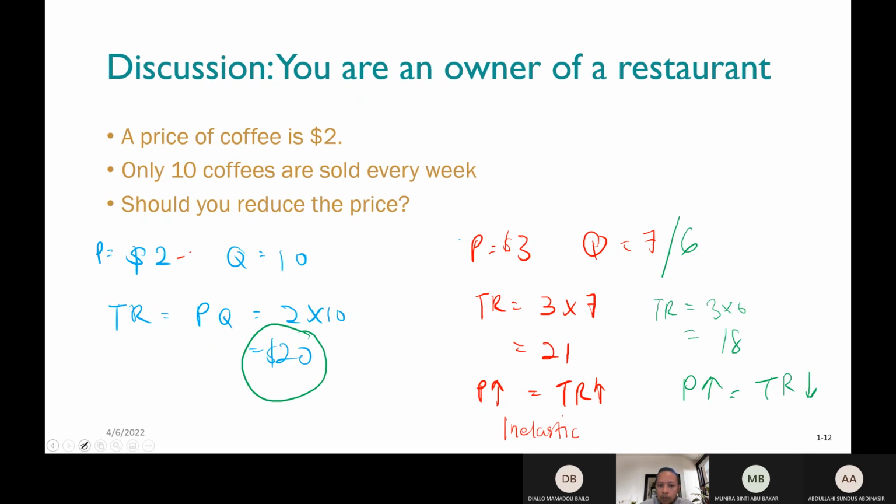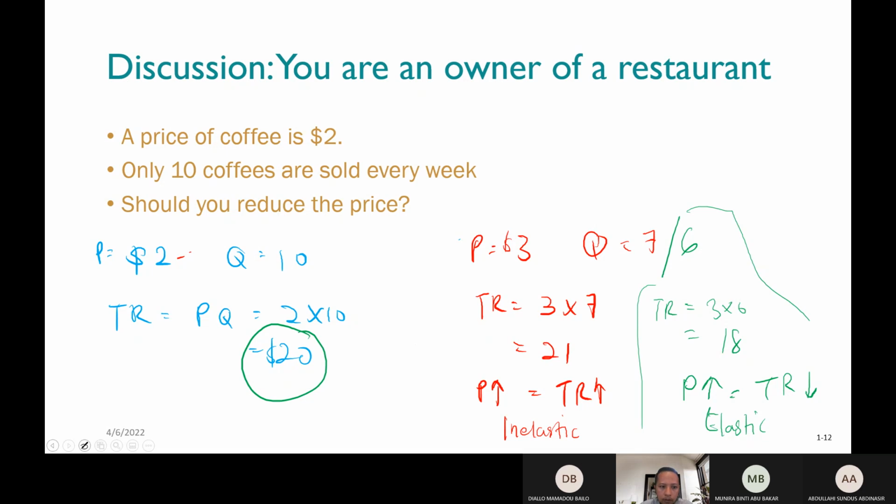So the total revenue decrease shows that actually customers are elastic and they are responsive to the price changes. Right, so depending on these figures, you can conclude whether the price elasticity of demand is elastic or inelastic.